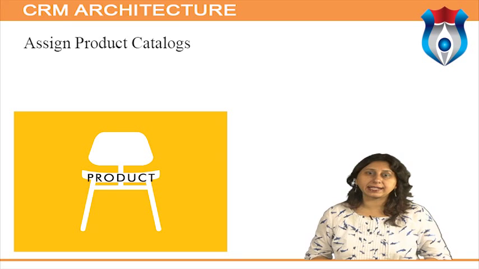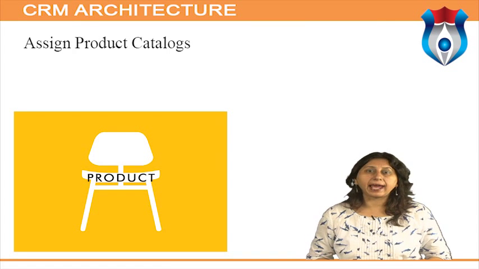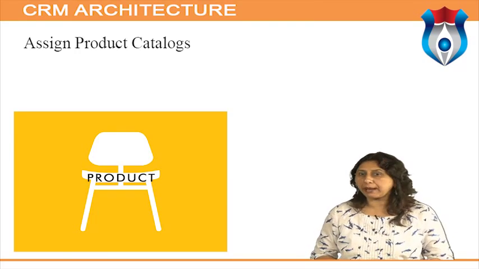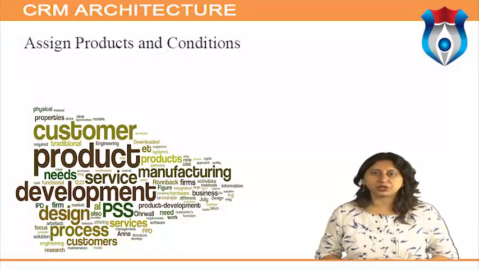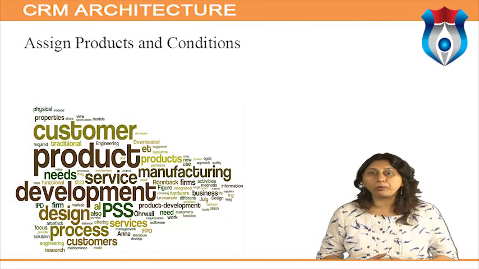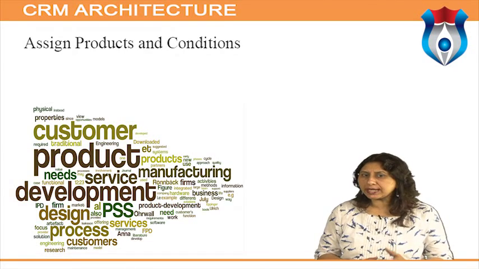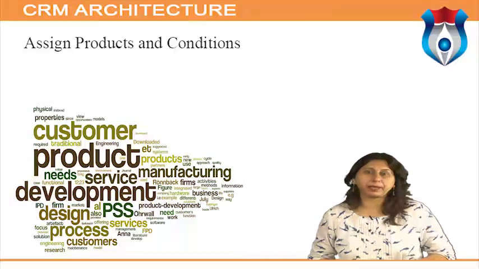Assign product catalogs. We can assign product catalogs and catalog variants to campaign elements. Assign products and conditions. If we want to promote the sale of one or more products using a campaign, we can assign these directly to the campaign.